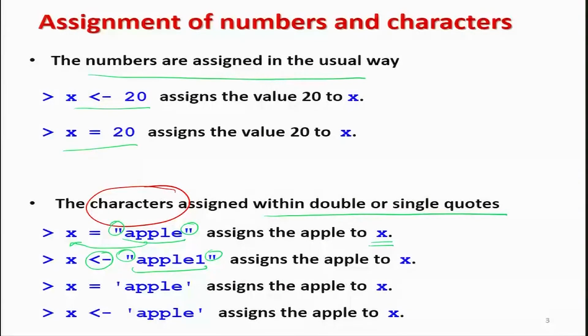And besides that, assigning the value with single quotes is also possible. Instead of the double quote, you can use single quotes, and whether you use the equality operator or the less than and dash operator, they are going to assign the word apple to the variable x, right.